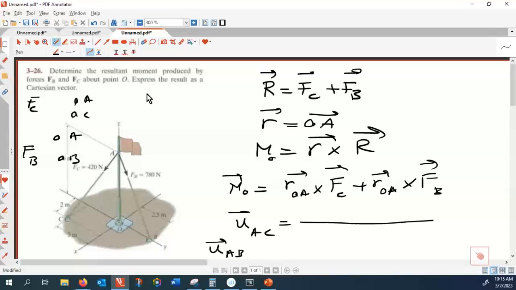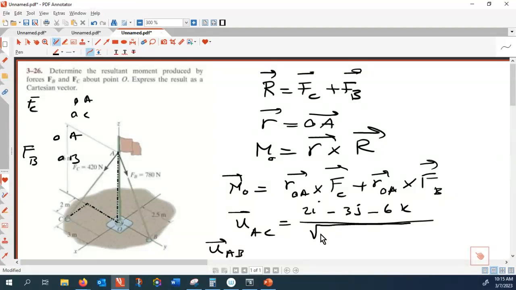Going from A to C, I go vertical direction of 6 meters negative, and then negative 3 meters and positive 2 meters. So that is 2i minus 3j minus 6k.